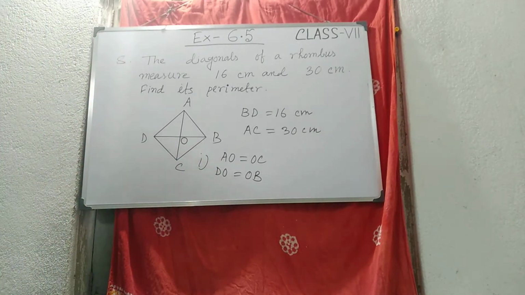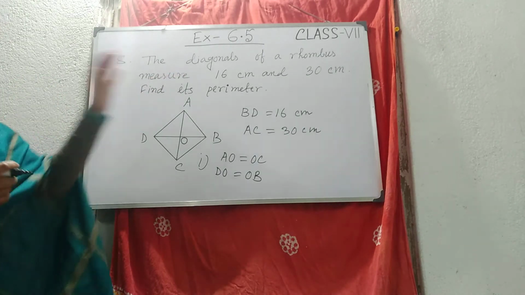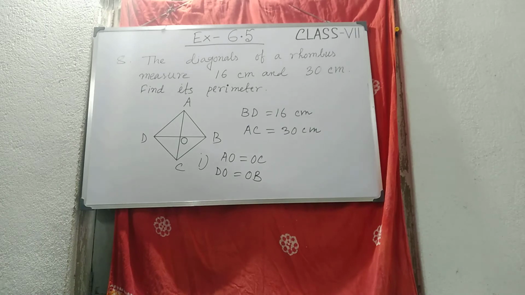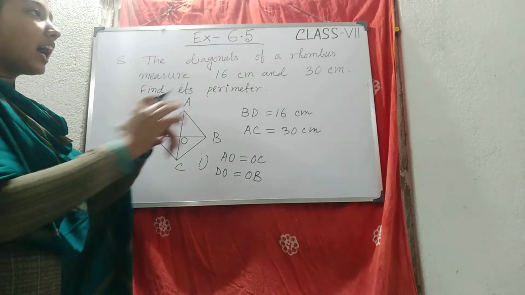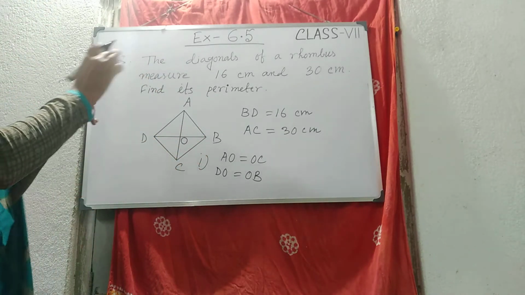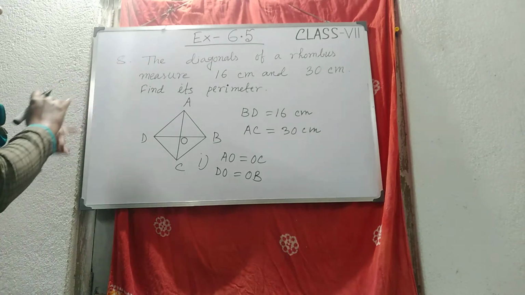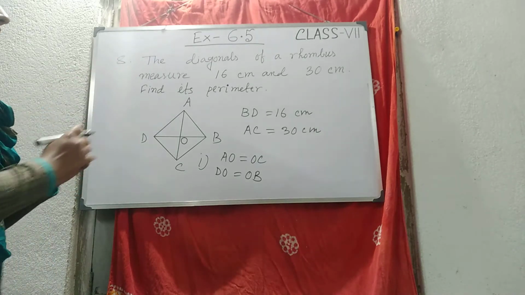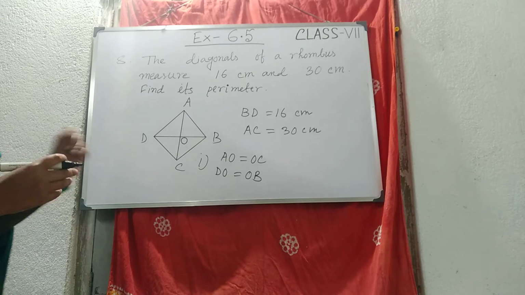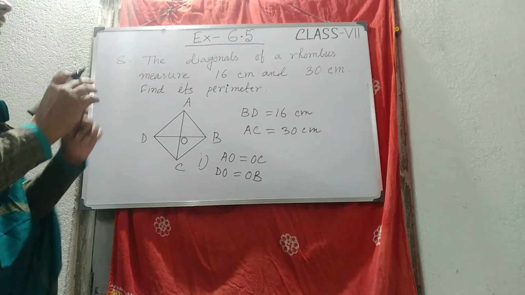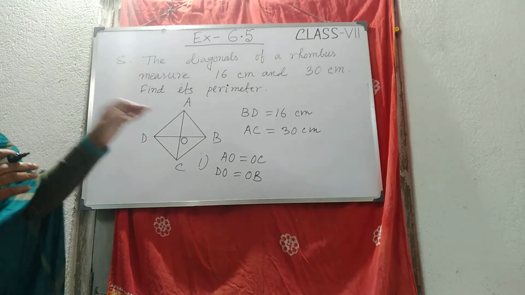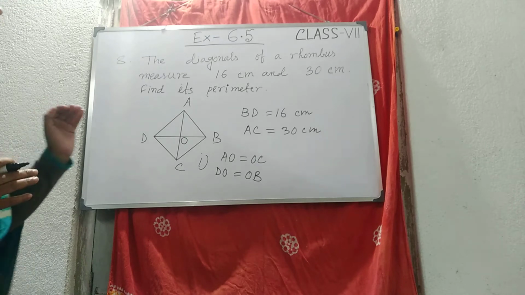Second one, we have already known a difference between square and rhombus, which is, for a square all sides are equal. For a rhombus also we have learned all sides are equal, means similarity. But despite these similarities, for a square all angles are right angles, but it is not true for a rhombus.